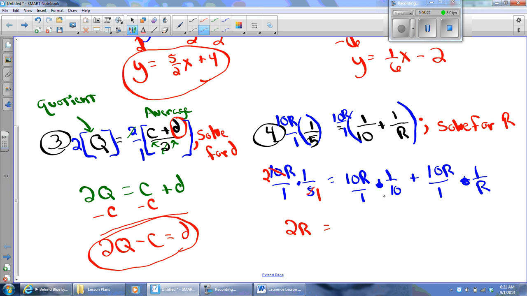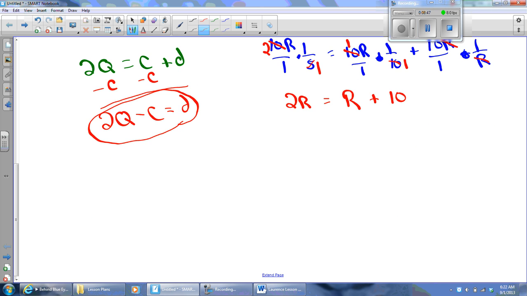Now over here, I've got 10 over 10. Those will both turn into 1s. My numerator becomes 1 times R times 1, which is just a plain old R. And then here, I have R over R. Those will cancel, leaving me with just plain old 10.